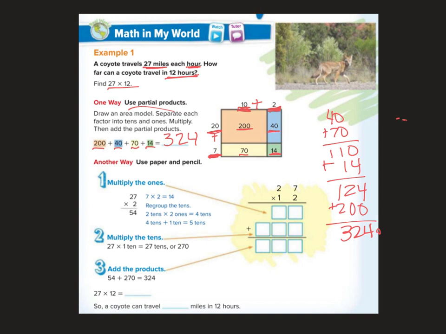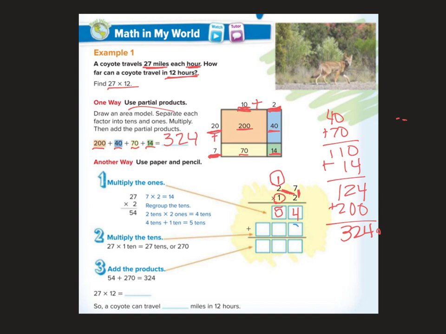So again, first we do 7 times 2 is 14. Notice how I had to regroup there. 2 times 2 is 4, plus 1 more is 5. Now, I need to look at this as now I'm multiplying by 10. Not 1, but 10.